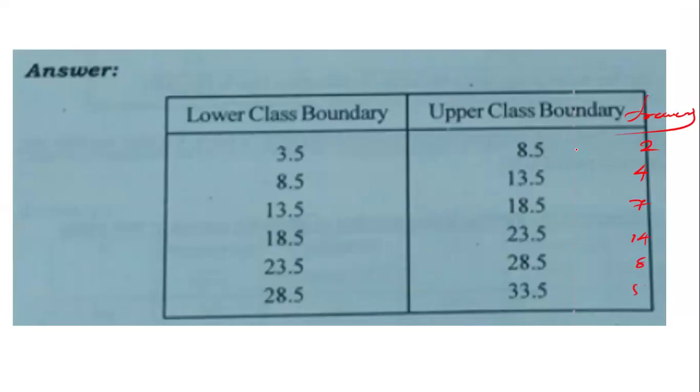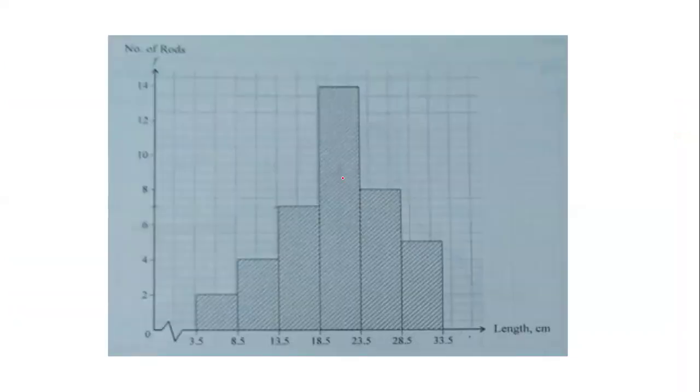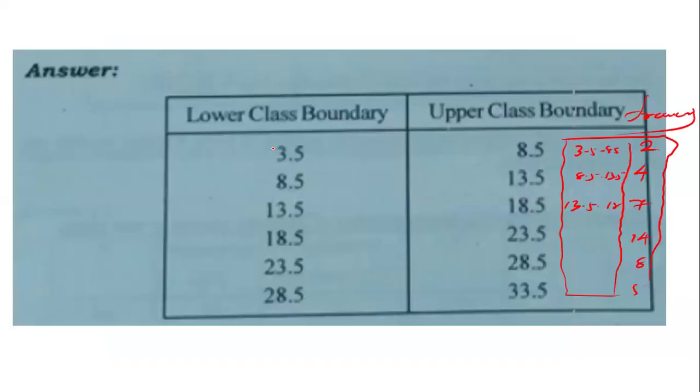Normally we prepare 3.5 to 8.5, 8.5 to 13.5, 13.5 to 18.5, like a table. We have to prepare a table like this, and after that we can prepare the histogram.